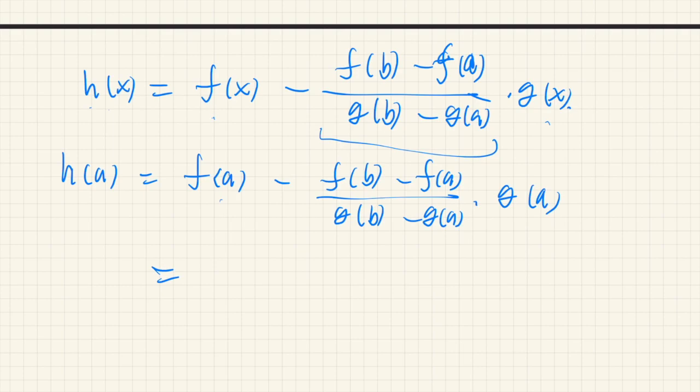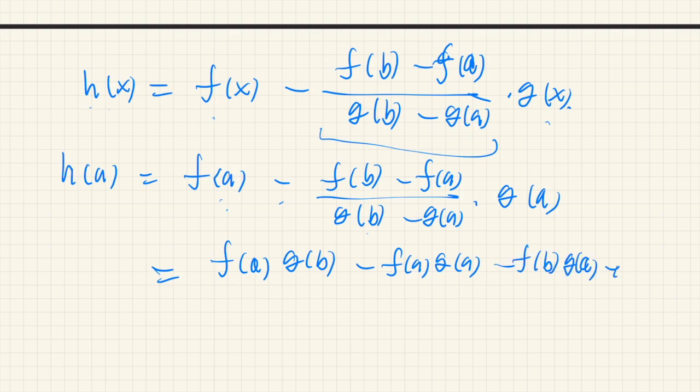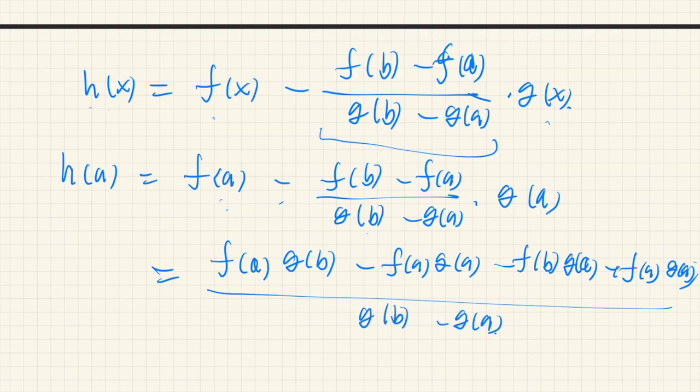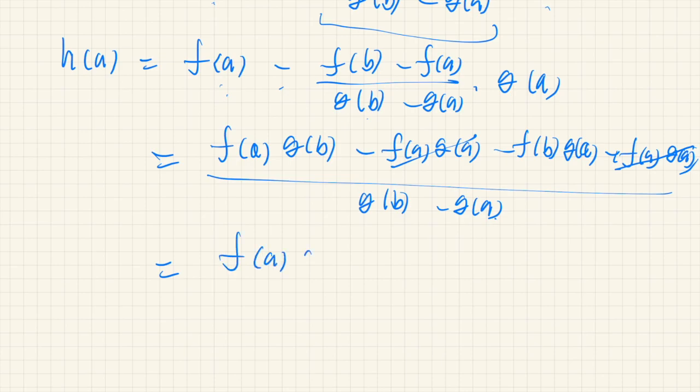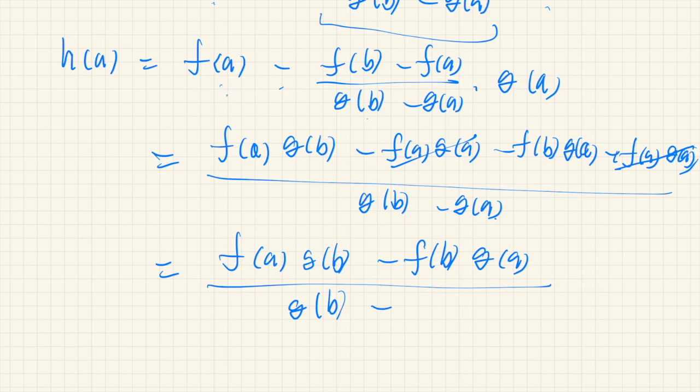Okay, so that is f a g b minus f a g a minus f b g a plus f a g a over g b minus g a. And this f a g a cancels, and we have f a g b minus f b g a over g b minus g a.